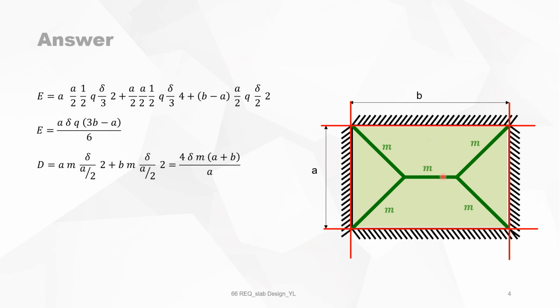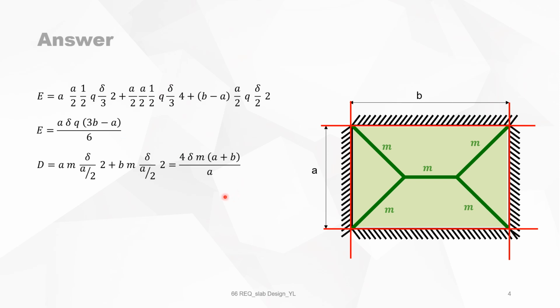We got this 2 times because this is the same, and this is projected on this axis of rotation. And then what's left is this bending moment projected on this axis of rotation, which gives you M times A, and the angle of rotation is delta divided by A over 2. And we got this 2 times, this projected on this axis.